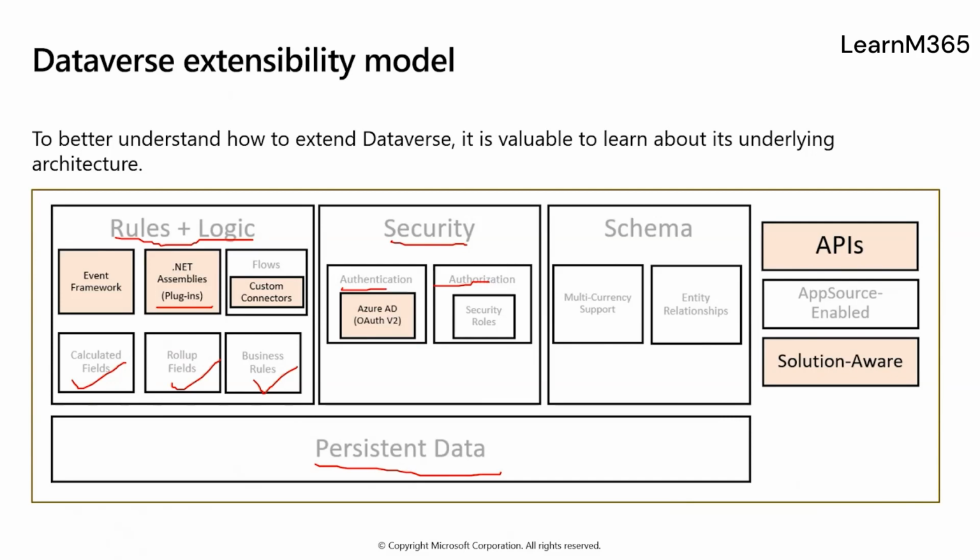All this implementation is there in Dataverse and gives you extensibility with respect to the .NET assembly plugin, custom connector, and you can look at Azure AD, or you can have APIs. These are all options you can look at for extensibility purposes.